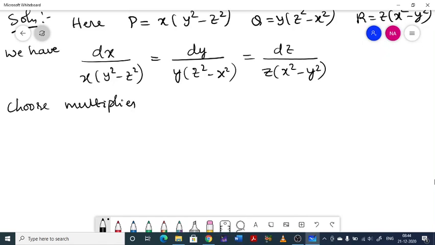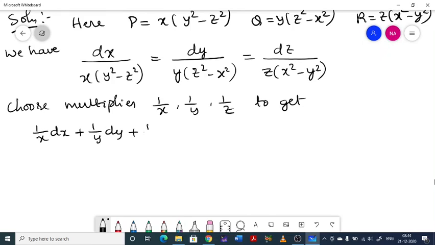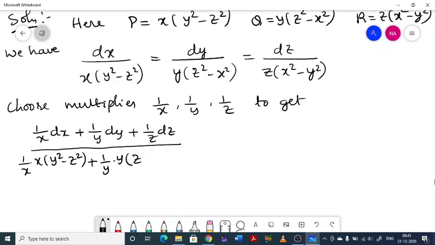1 by x, here x should be removed, so 1 by x; here y should be removed, 1 by y; and 1 by z, to get 1 by x into dx plus 1 by y into dy plus 1 by z into dz divided by k1 into P plus k2 into Q plus k3 into R. You have to write k1, that is 1 by x into x times y square minus z square, plus 1 by y into y times z square minus x square, plus 1 by z into z times x square minus y square.